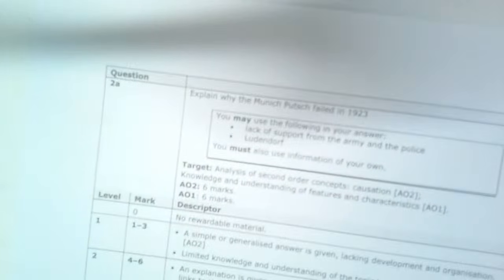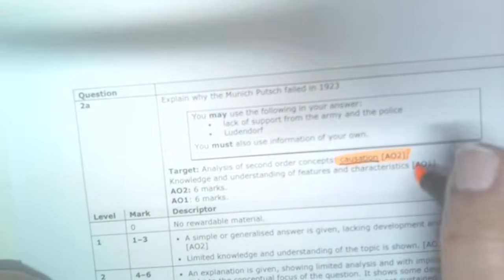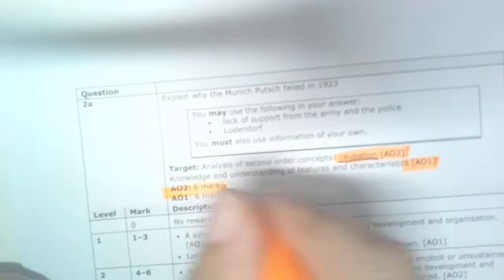So, this has changed slightly in the last 12 months. First thing to point out is that they are always looking for causation. So, they're looking for you to explain why the thing happened. AO2, and then your knowledge and understanding AO1. So you get 6 marks for one and 6 marks for the other.